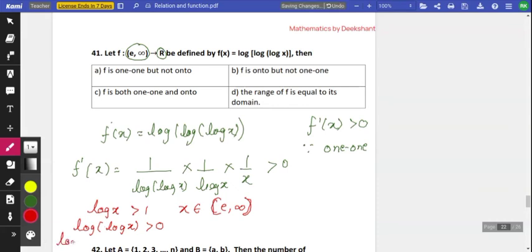If we take log again, then log x belongs to minus infinity to plus infinity for all x belongs to e to infinity. So the given function is 1-1 and onto. Correct answer is option C. Option D is also correct because the range of the function is equal to its domain.